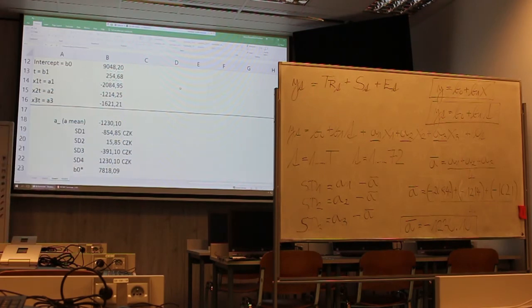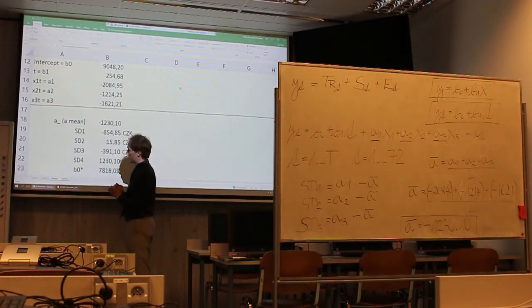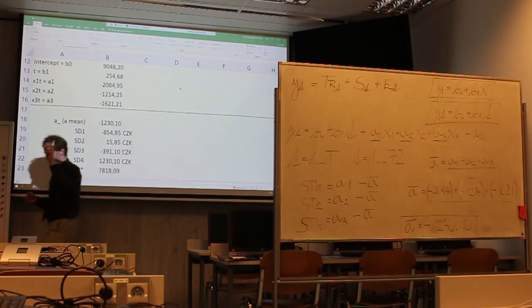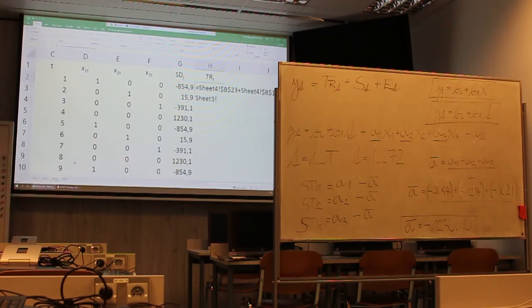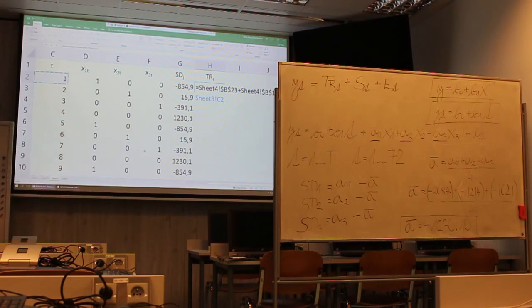Times t, and the variable t is in sheet 3. So I will click on sheet 3 and time is here.